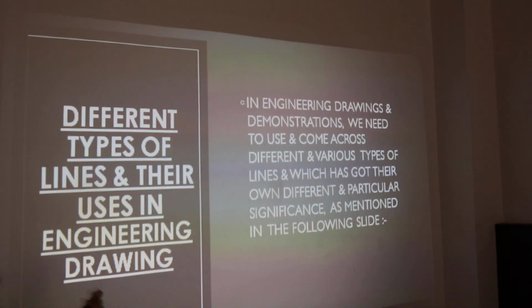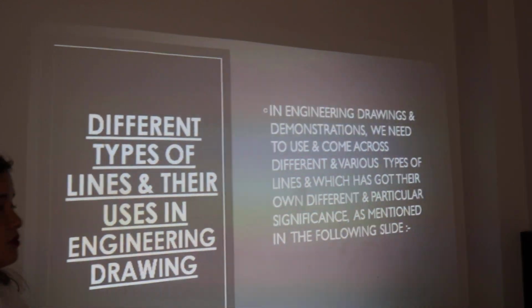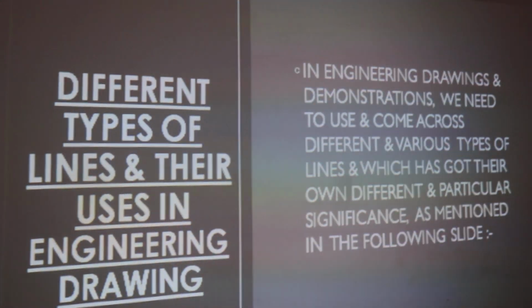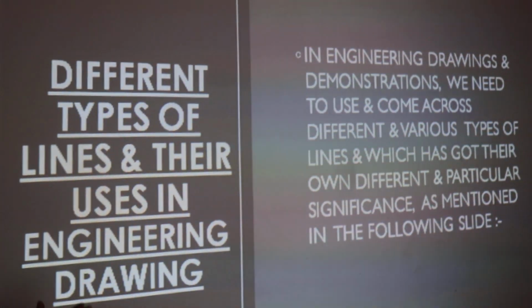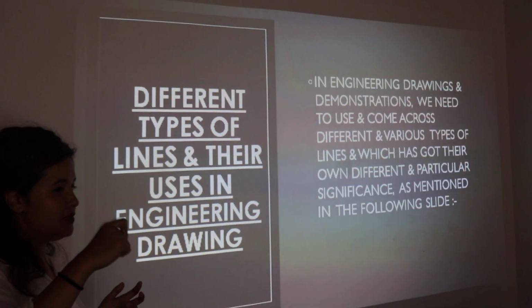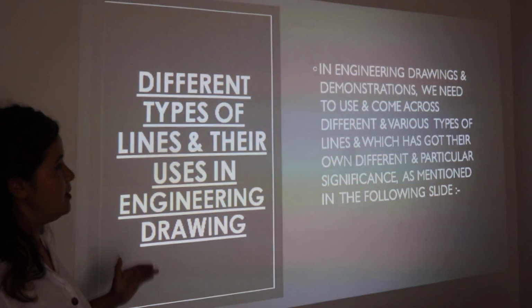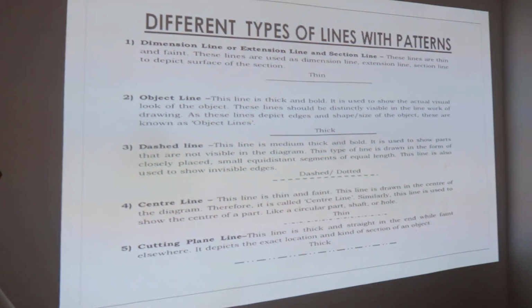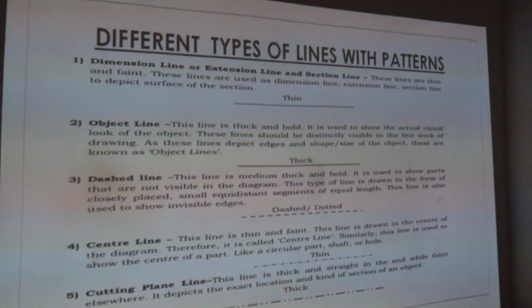In engineering drawing, to demonstrate, we come across various kinds of lines. Suppose I want to draw a river, I can't just draw a straight line. I need some kind of rough lines, so those lines are defined by engineering drawings. Different types of lines with patterns. Number one is the dimension line.